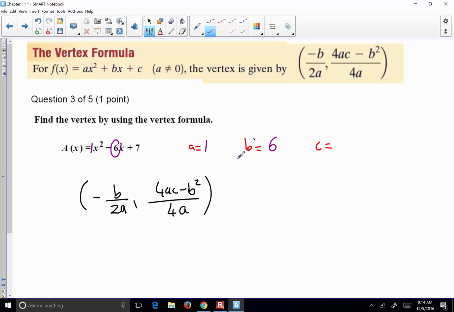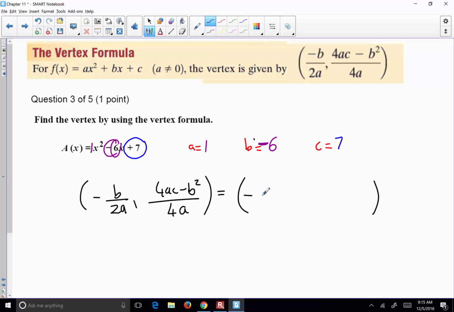Correct? No, it's negative 6. We consider the number with the sign in front, so it's negative 6. Very important mistake, okay? And C is the constant number, again with the sign in front, that's positive 7.